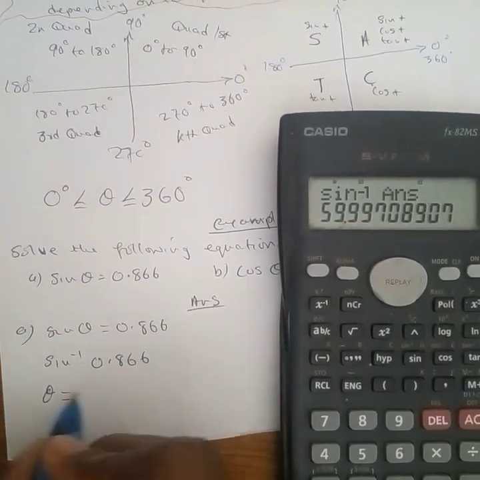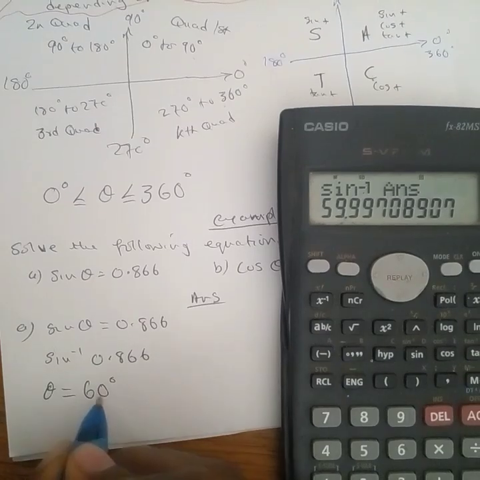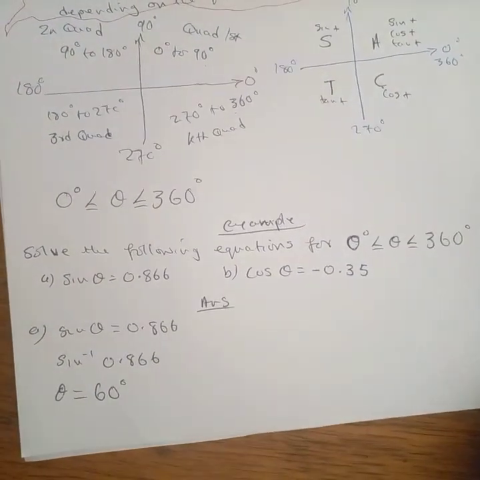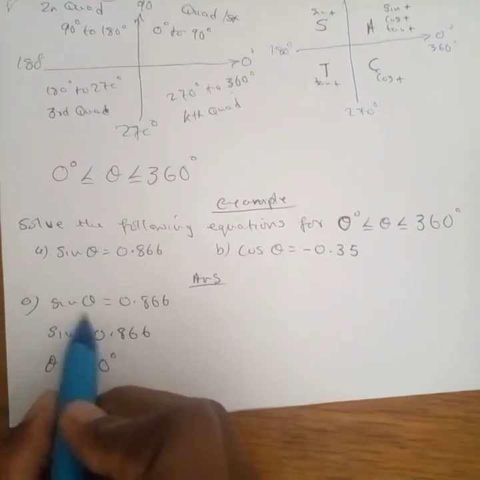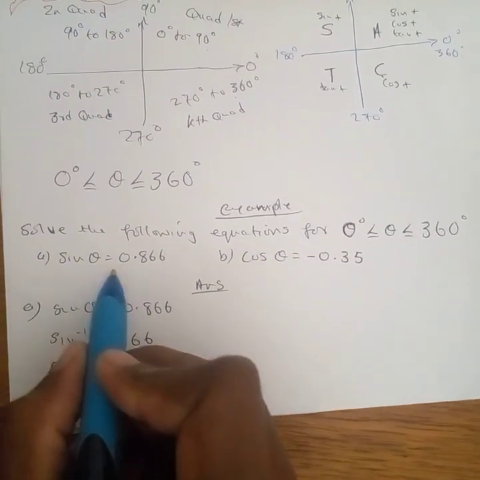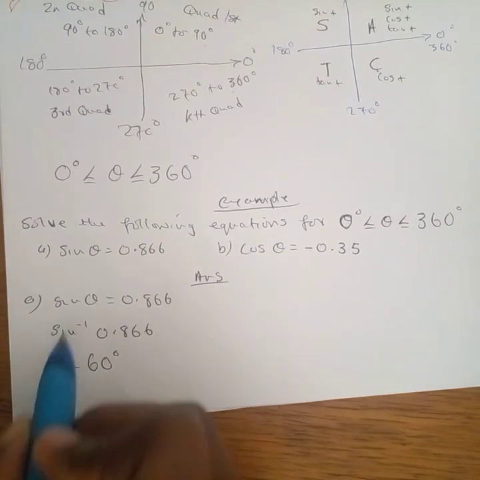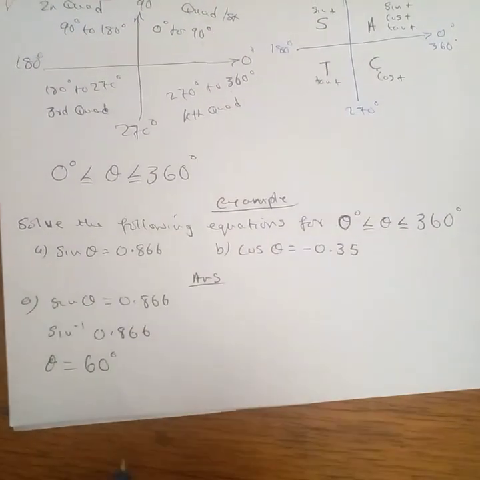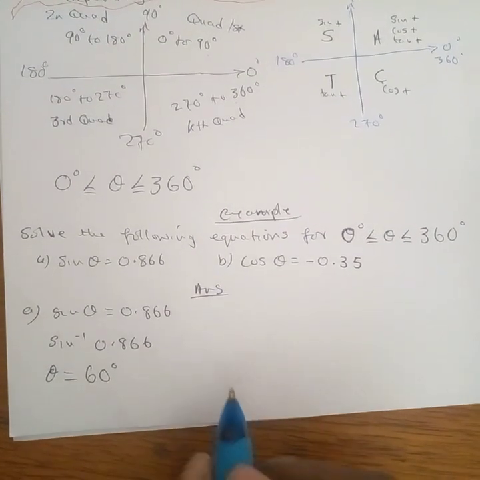So angle theta is same as 60 degrees. Once this is done, you need to identify that the sign you have been given is a positive sign, meaning that it is in the first quadrant, and also in the second quadrant. There are two solutions that we are going to find, the first quadrant and the second quadrant as well.